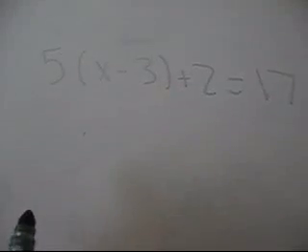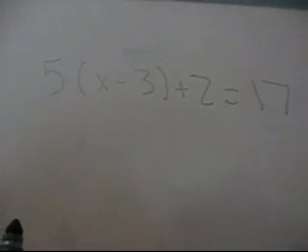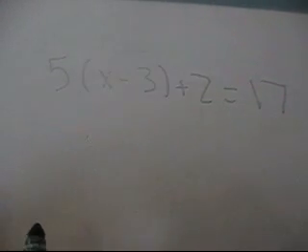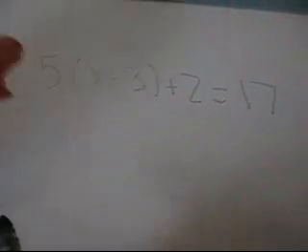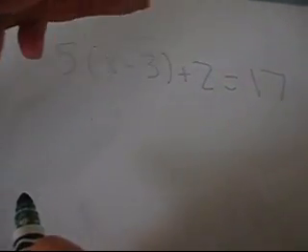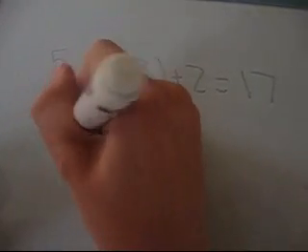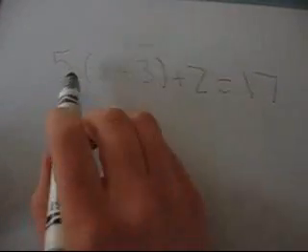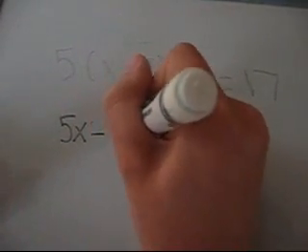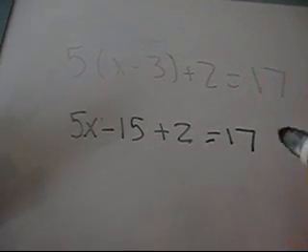Now let's get back to some math. Okay, for this one we're going to use the distributive property. So, what you do is you do 5 times x, and then 5 times negative 3. So what you do is 5x, and then minus 15, plus 2 equals 17.